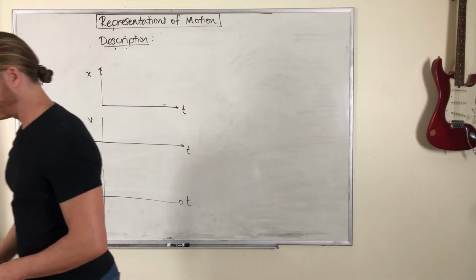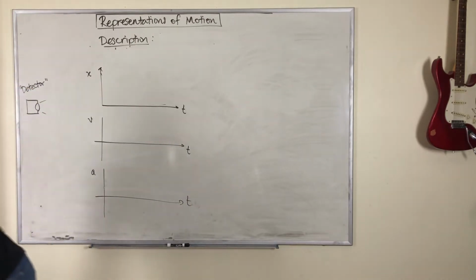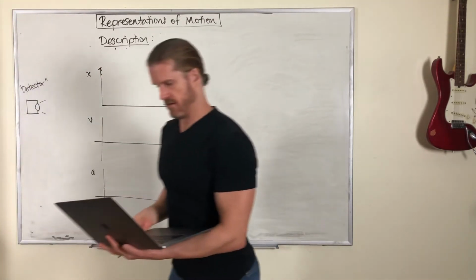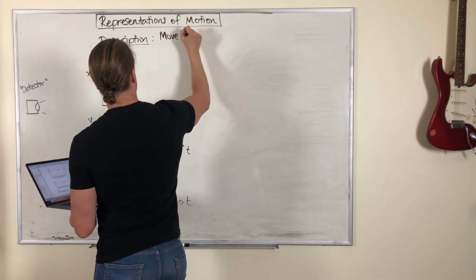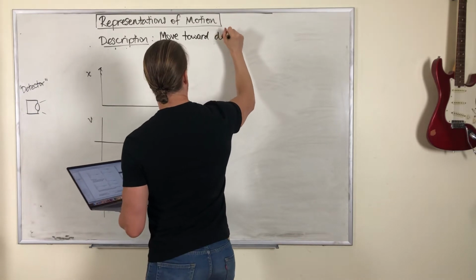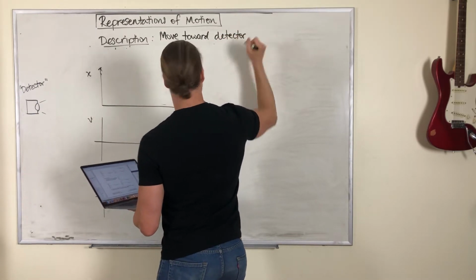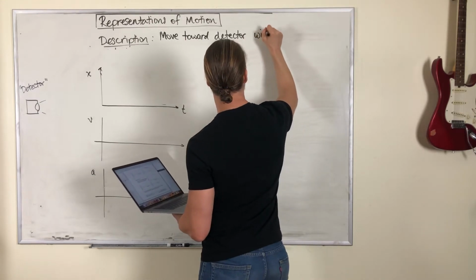All right, question H, they give you just a description. We move toward the detector with decreasing speed.